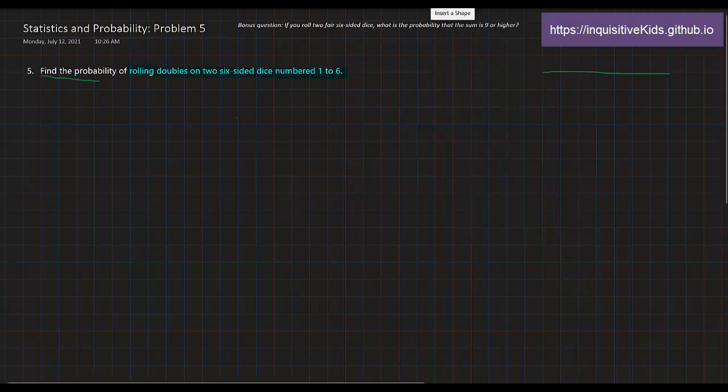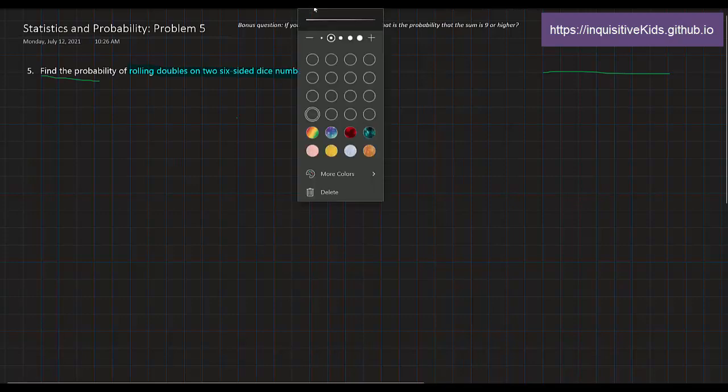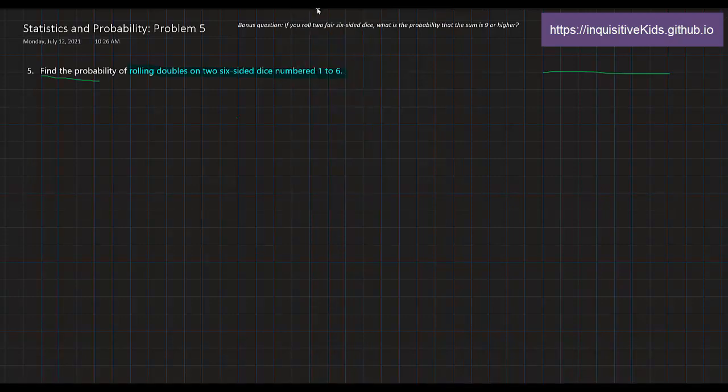Well, I'm going to make a table right here. On the top would be dice number 1. On the side would be dice 2.